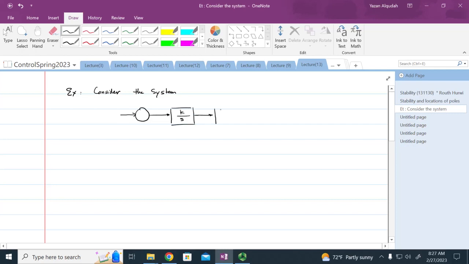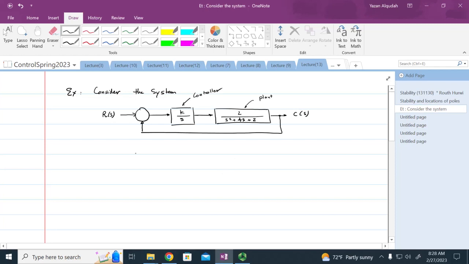So let's say we have a system that is given by the following block diagram. S squared plus 4 multiplied by s plus 2. This is our plant. This is our controller. And we have our input R of s, C of s.